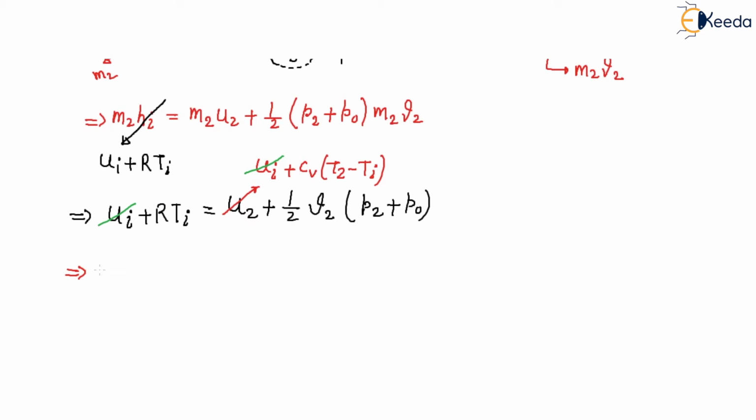So R Ti is equal to Cv times T2 minus Ti, plus half the specific volume at final state times P2 minus P0. Okay.